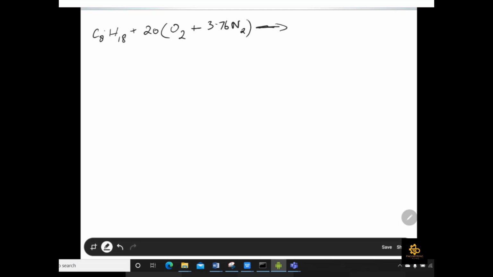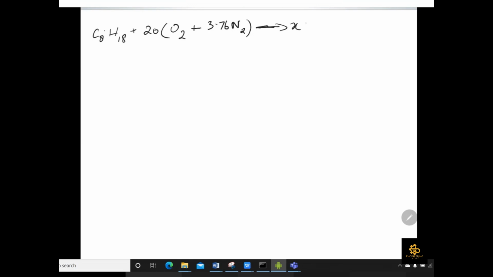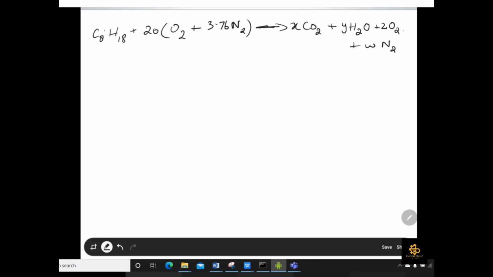In the products, as you already saw from the figure, we get CO2, H2O, O2 and N2. So we get x moles of CO2, y moles of H2O, z moles of O2, and you can write w moles of N2. You can use these abbreviations as per your choice.